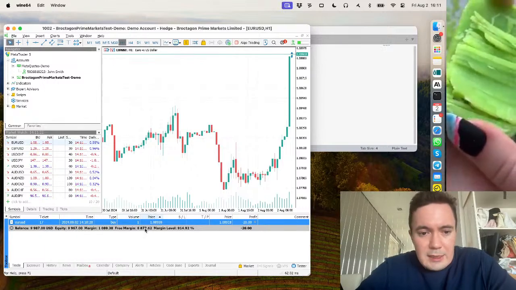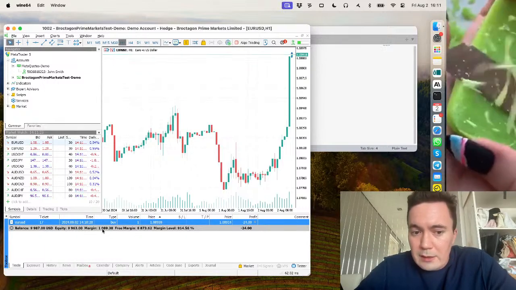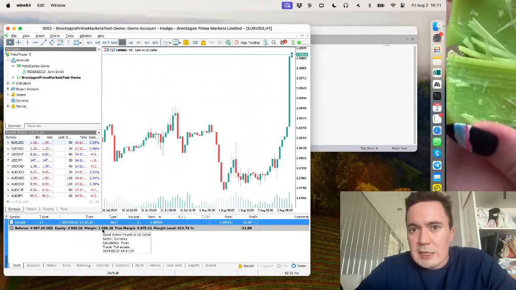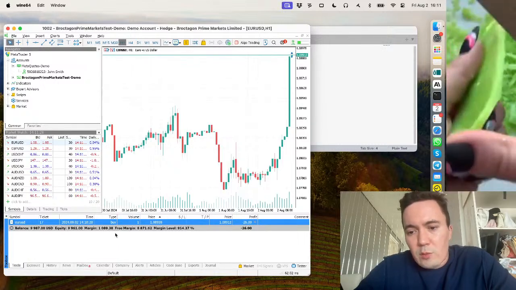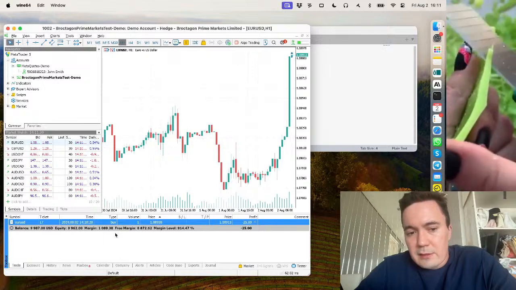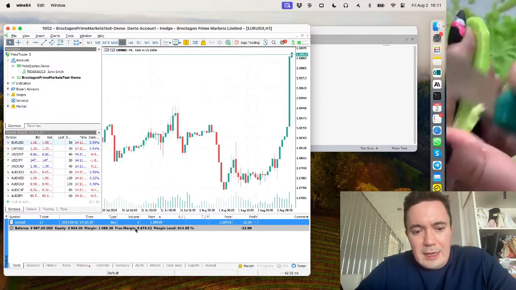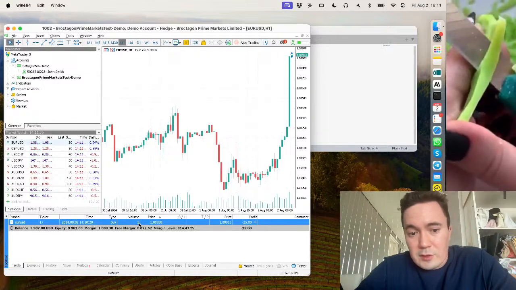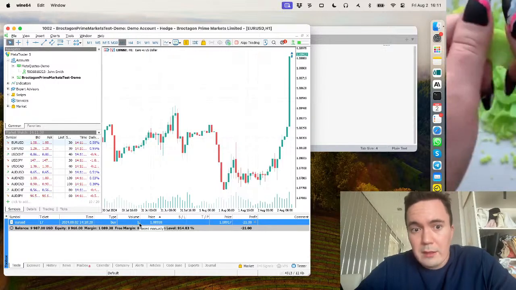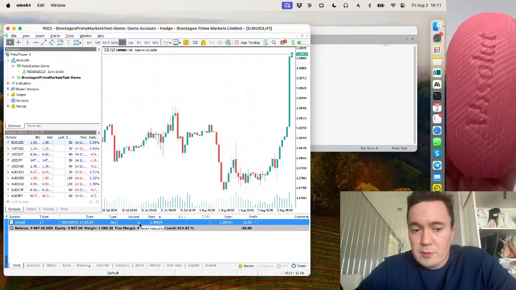In our case, I suspect the leverage is 1 to 100. It means that we can buy $100,000 with just $1,000, and we can buy 100,000 euros with 1,000 euros.